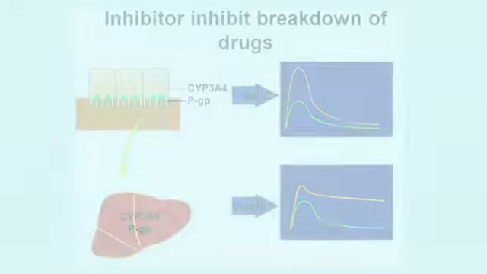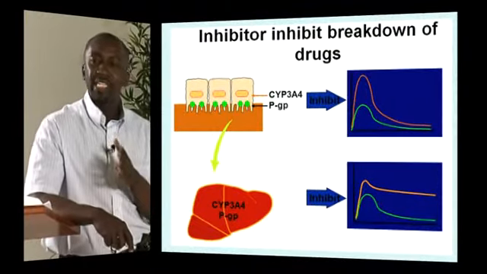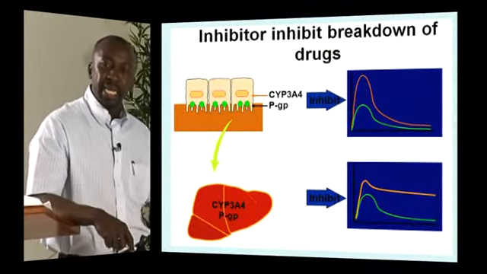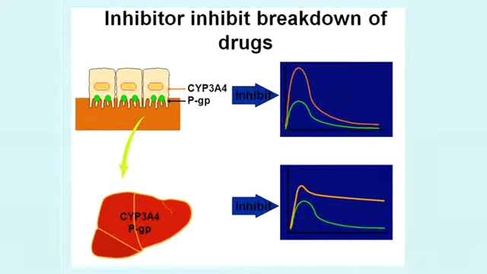Just to explain inhibition, and I'll explain it in a way so that you can remember it. The easiest way to remember it is that inhibitors inhibit the breakdown of drugs. So, for example, if I was to take warfarin, which can cause bleeding in high doses, if I take an inhibitor, it will inhibit the breakdown of warfarin and lead to more bleeding.